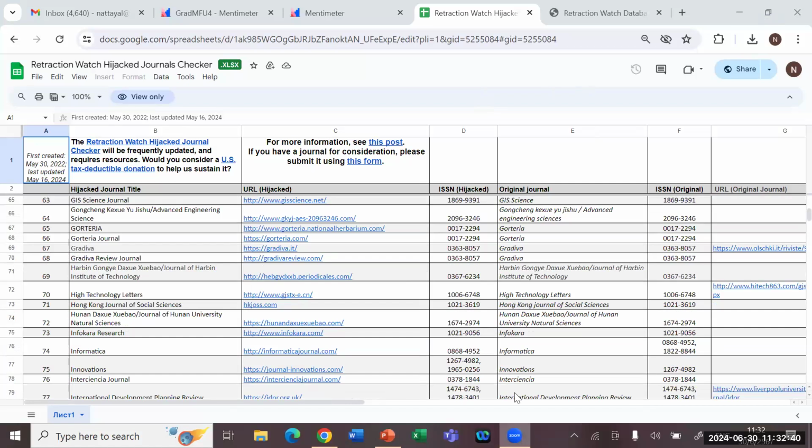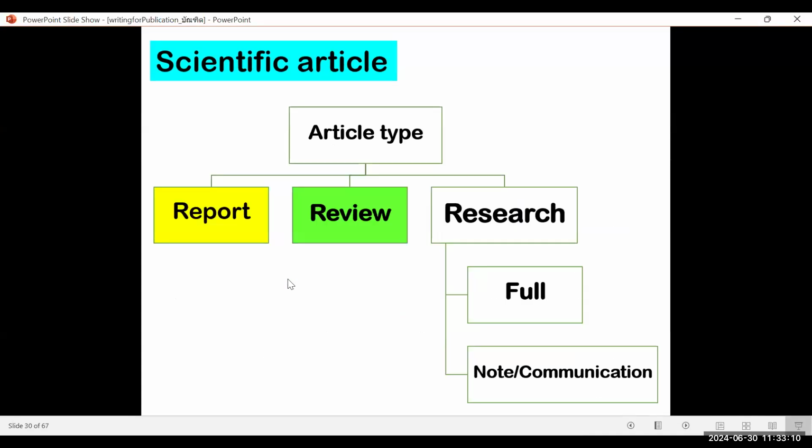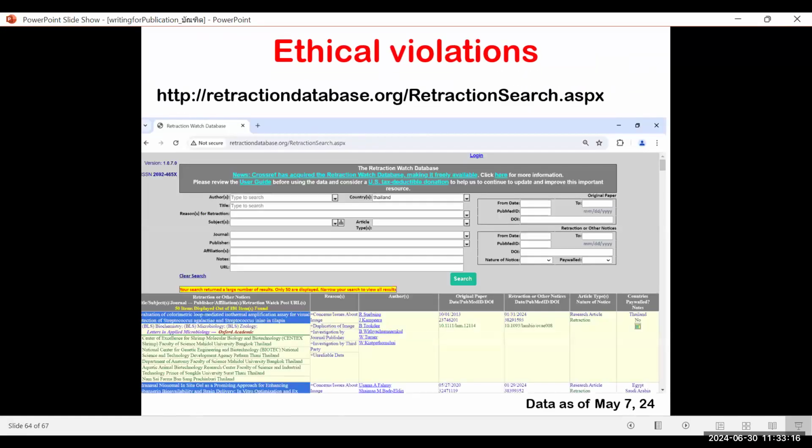I've just searched the watch list of retracted journals.